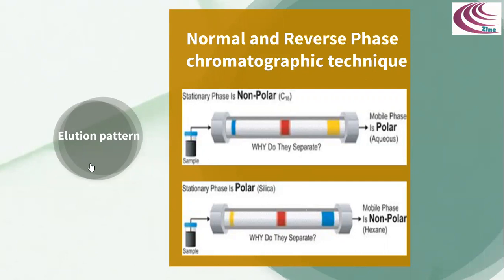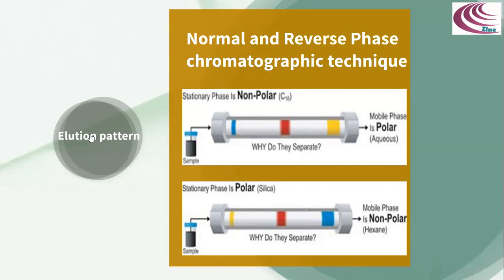An important point in chromatographic method development is the elution pattern. What will be the criteria to choose normal phase or reverse phase chromatography? Based on the nature of the solute, we have to select whether to go for normal phase or reverse phase chromatographic separation.